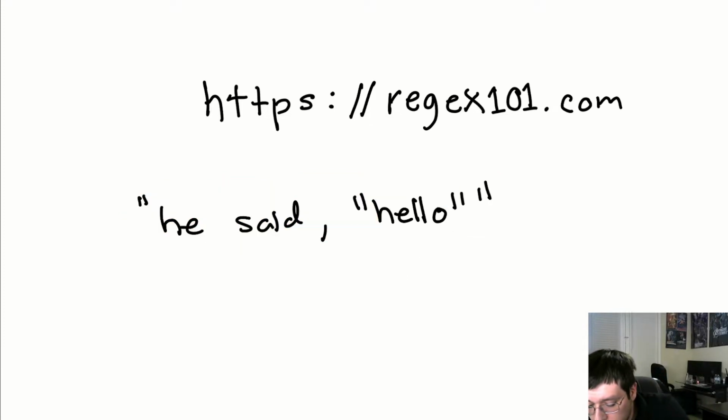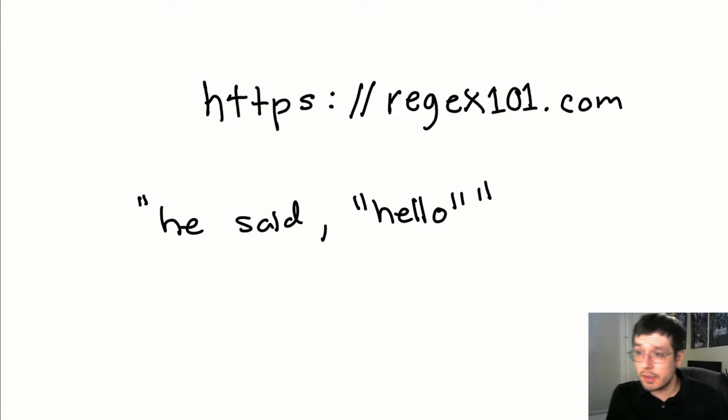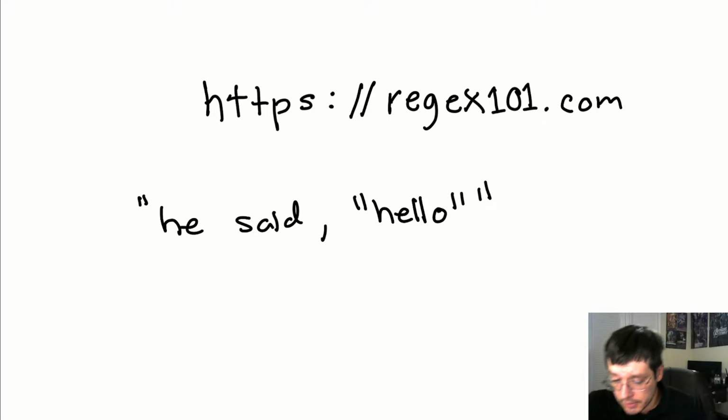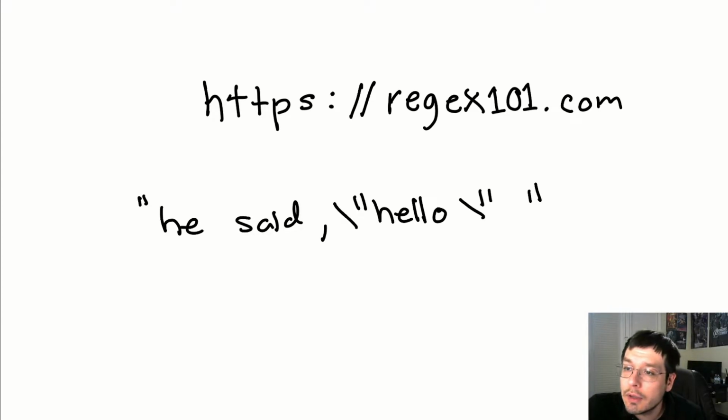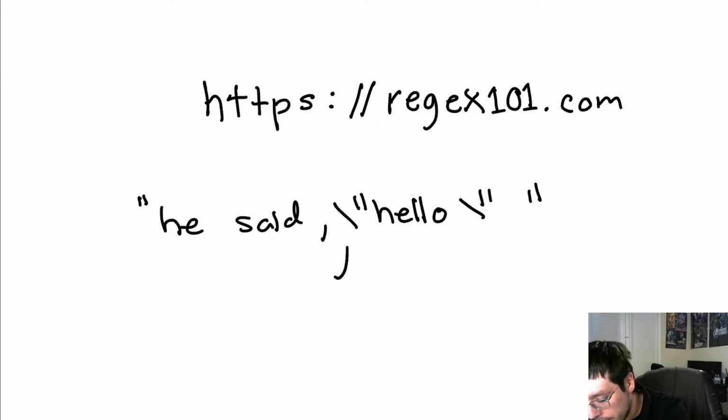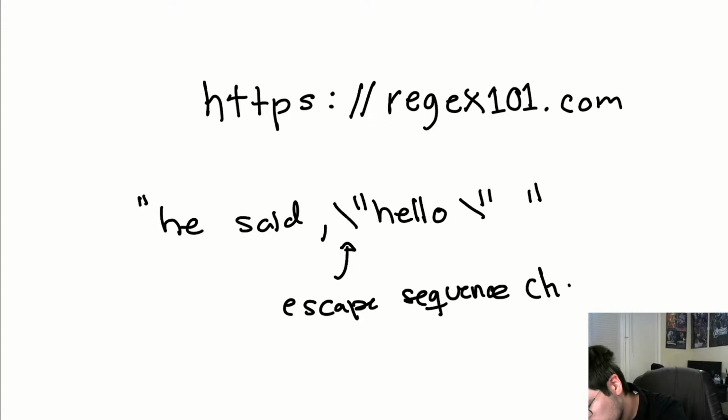If you remember from 621, the way to print out a quote in Python and not run into this problem is to use the backslash. Use the backslash for the quote that's actually meant to be printed, and it's not meant to be a signal to Python that this is the beginning or end of a string. And this right here is what is known as an escape sequence character.